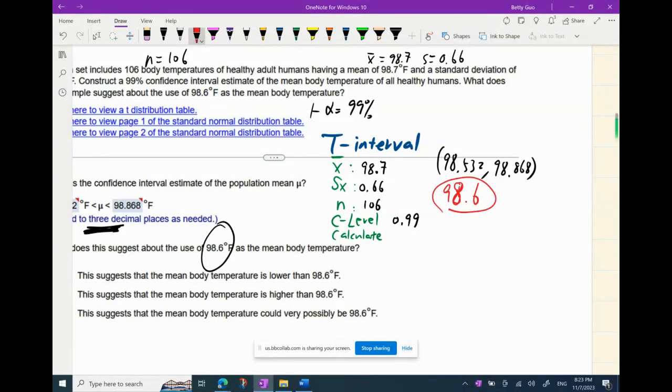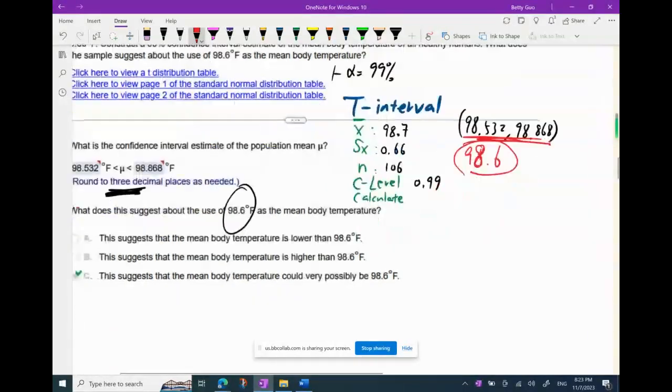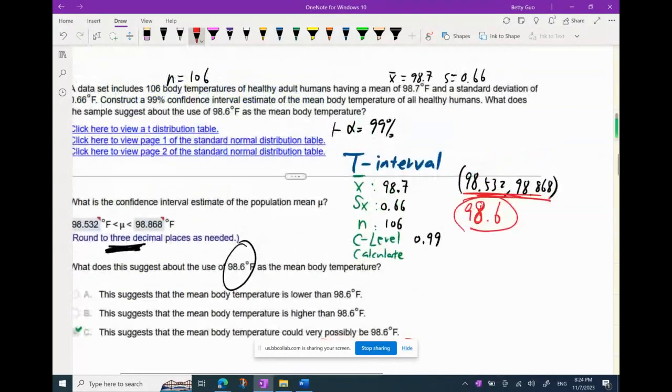Yeah, 98.6 is in the interval, so not bad. So this suggests that the mean body temperature could be that. A is, this suggests that the mean body temperature is lower than. B is higher than. No, it's inside the interval, so it could be. We should choose C. All right, guys.